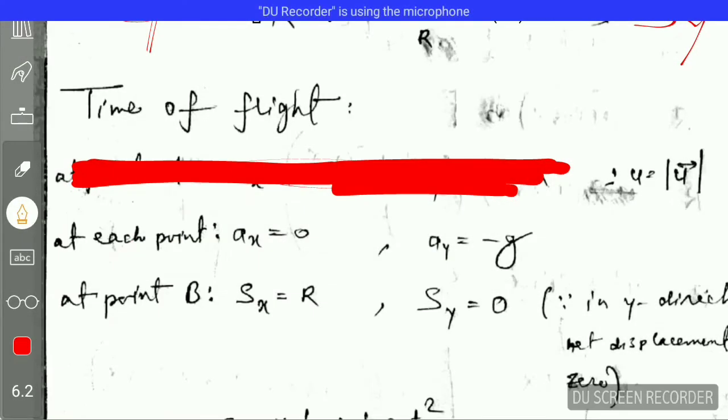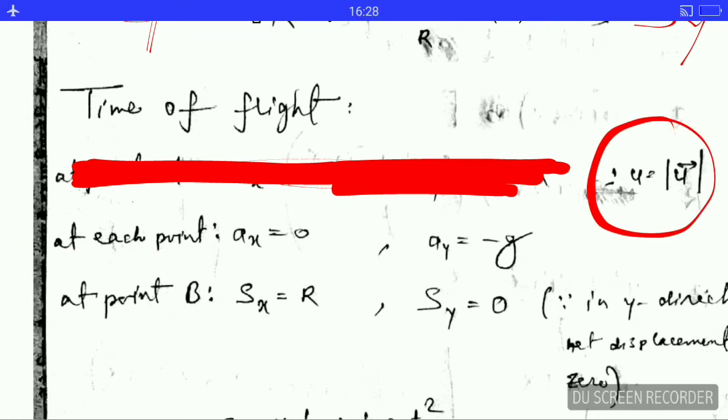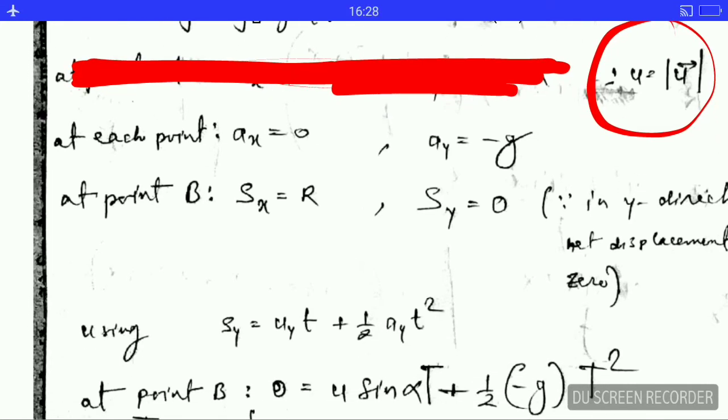Now it is important to see that we used a simple u for the magnitude of u. At each point it is important to note that ax should be 0 because there is no acceleration along the x direction. ay, the acceleration along y, will be minus g.